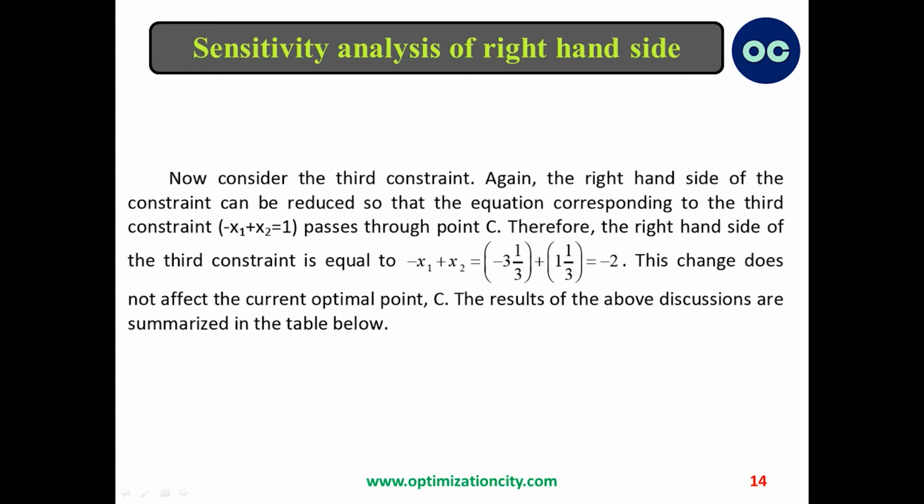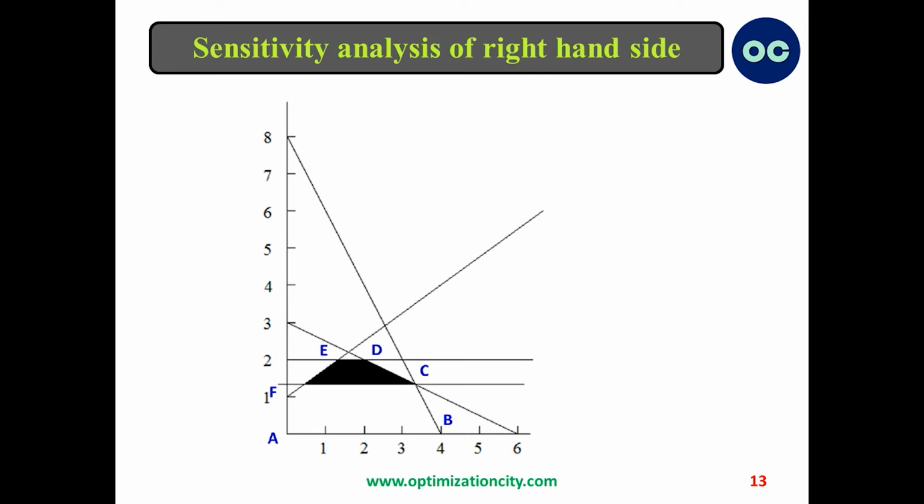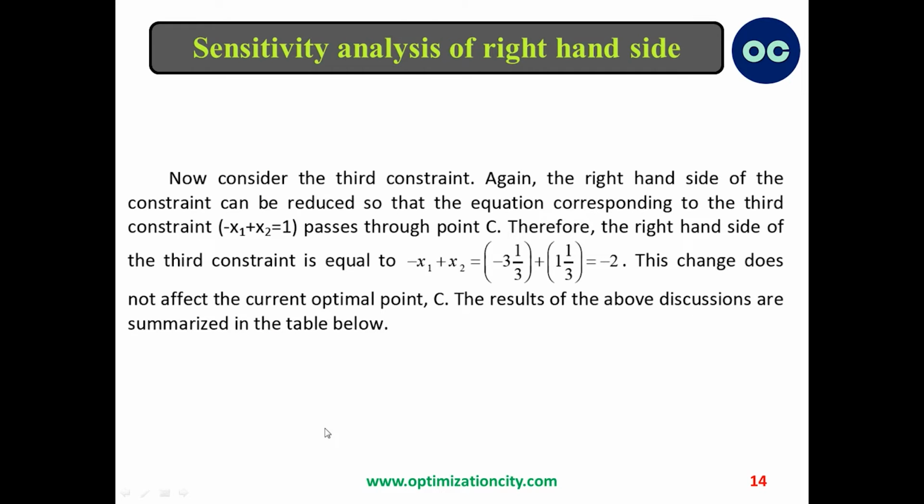What is point C? Point C is here, x1 is 3.3 and x2 is 1.3. This is the coordinate of point C. Therefore, the right-hand side of the third constraint becomes minus 2 by doing this calculation. This modification has no impact on the current optimal solution, which is point C.